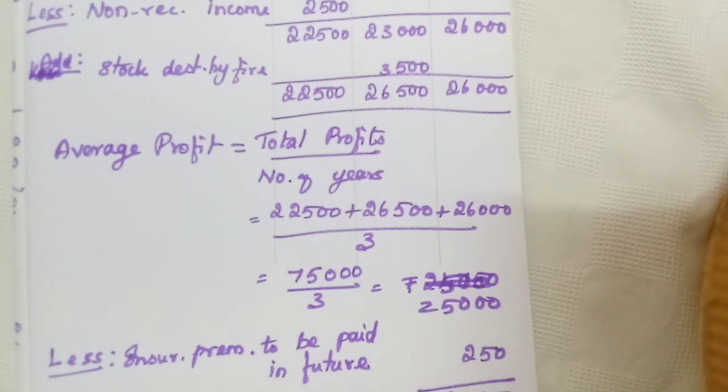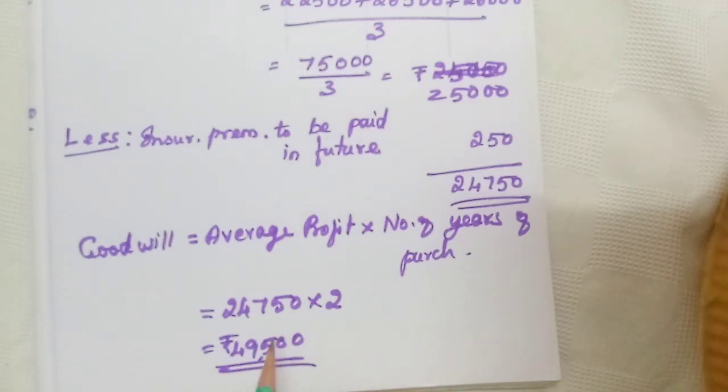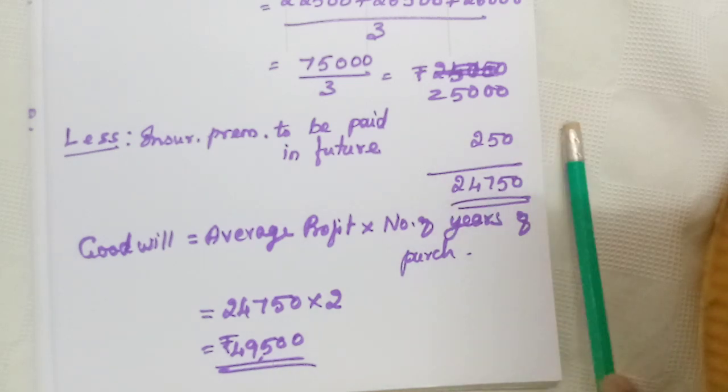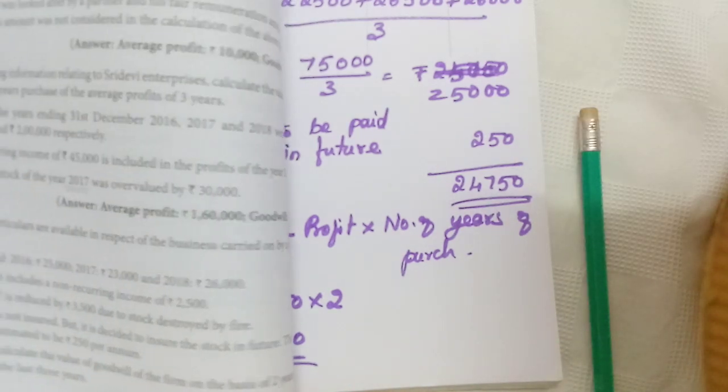We will get the adjusted average profit 24,750. Then we need to multiply by the number of years of purchase, 2. So goodwill is equal to average profit into number of years of purchase. Average profit is 24,750 into 2. So we will get 49,500. Okay. Now we will see the sixth illustration.